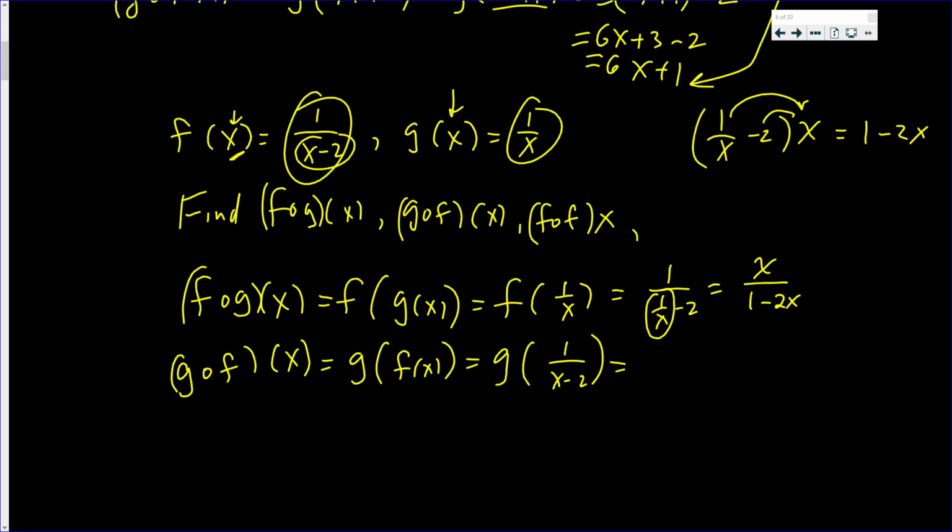You can say one of two things. You can say it takes the reciprocal, which would give me x minus 2 over 1, which is x minus 2. Or you can say it puts a 1 on the top, there's the 1, and whatever is in the brackets goes in the denominator.